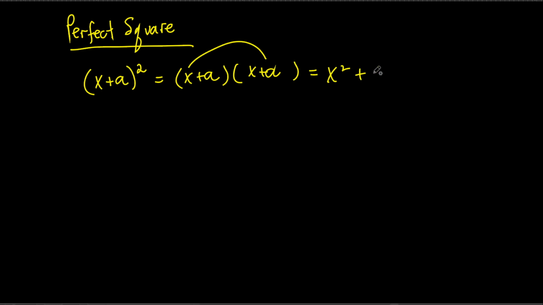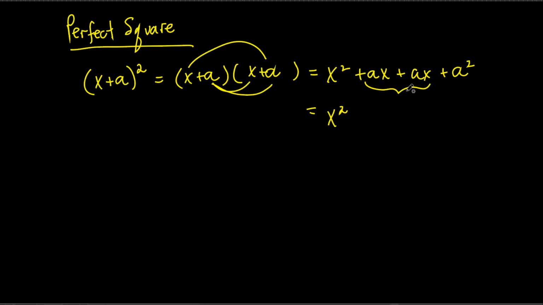Do you mind if I put a first? Make it ax. Is that all right? Okay. Let's do the inside. What's that? It's another ax, isn't it? What about the last? A squared. Let's add some stuff up. X squared. We can add these up, can we?